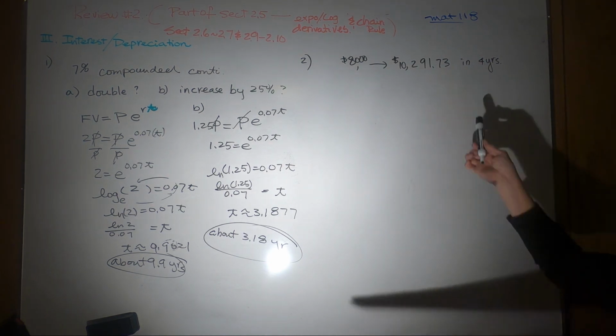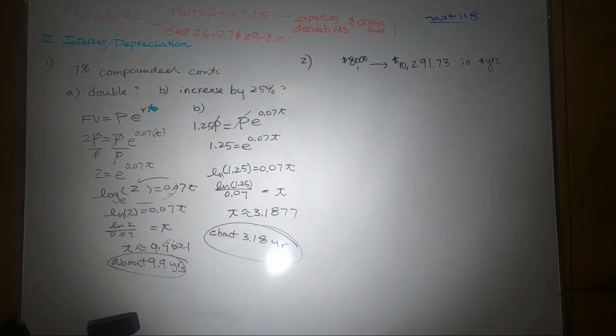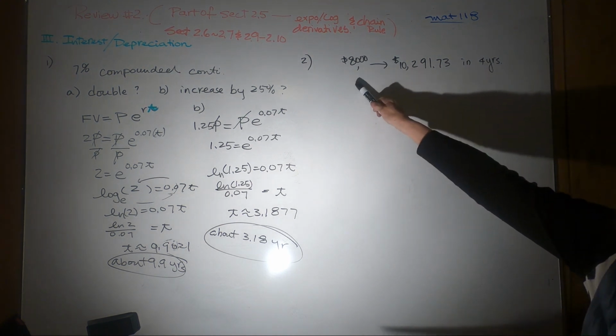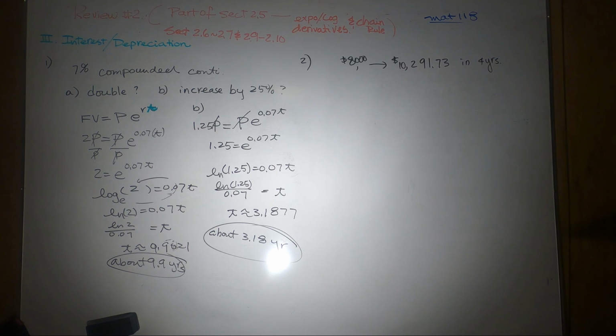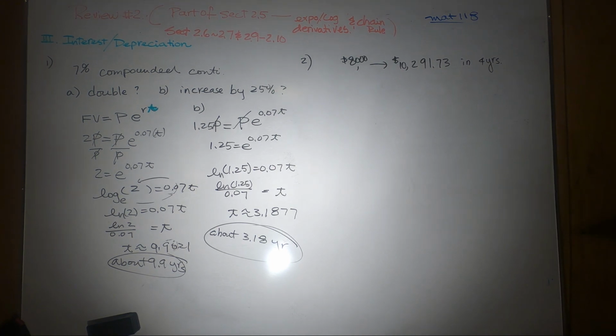Then they say, oh, what's the rate of return in these 4 years from here to there, right? If we wanted to find the annual rate of return for annual compounding, okay, so they use what? Annual compound rate, the method to do that.